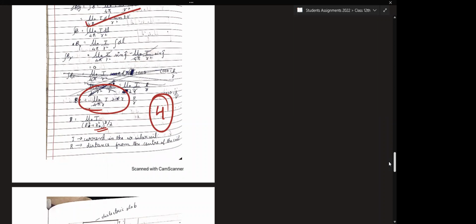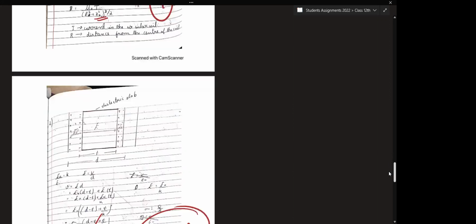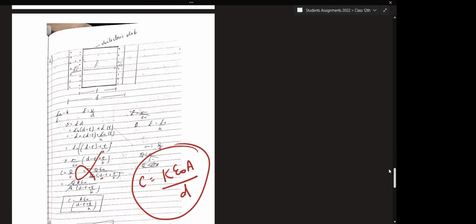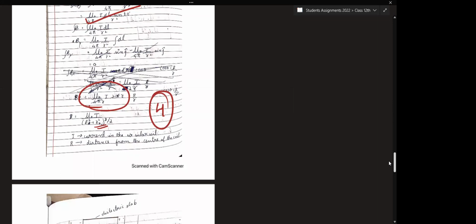You have to show that this is the integration of dl, the way you showed it for By, which eventually came out to be 0. So show that this is the integration of Bx, so you write mu naught I by 2 pi r into integration of dl, then say integration of dl will be 2 pi r. Then write these steps. Otherwise, just writing this down may lose your marks in the board exam. You can get a full score, but it can also happen that marks are lost.